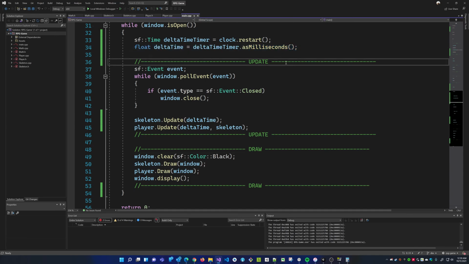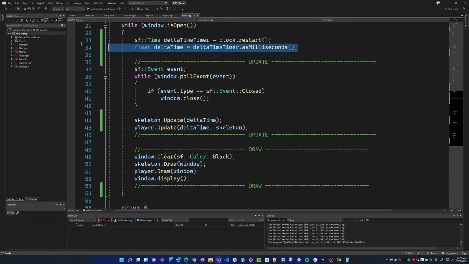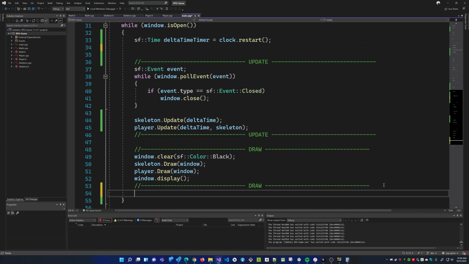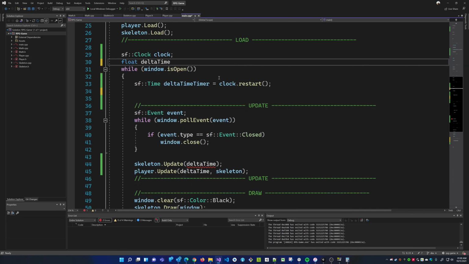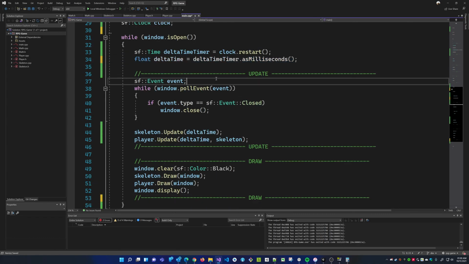I do not like the fact that I restart my clock here. I'm going to take this measurement at the very end. Hold on, this is a little bit wonky. Let's do time to delta time here. See what I'm doing?